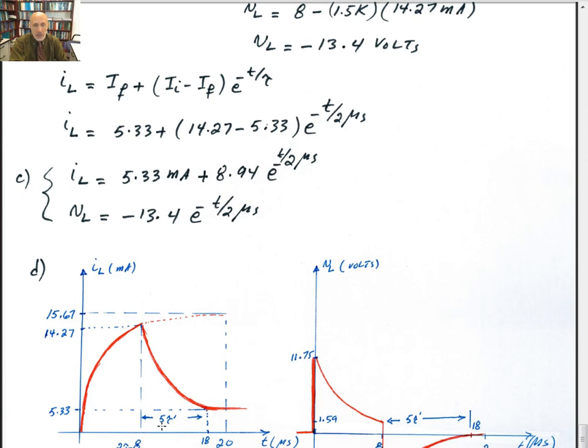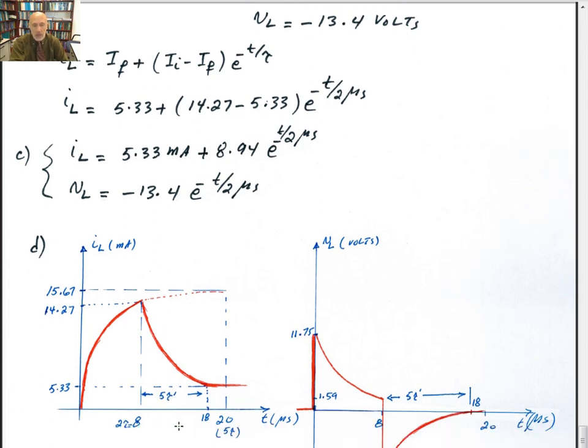The 5 time constants now is 5 times 2. Before it was 5 microseconds, now it is 2 microseconds. So 5 times 2 is 10. That gives you 18. So after 18 microseconds, the current is already down to a steady state again, which is 5.33 milliamps.